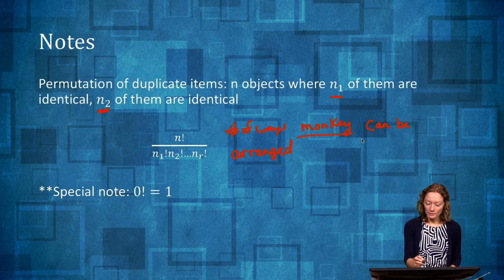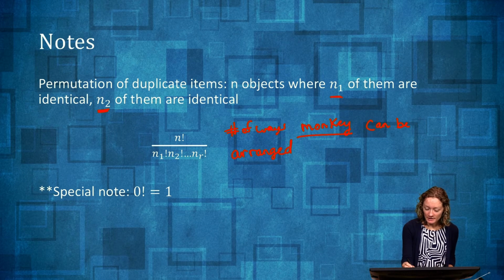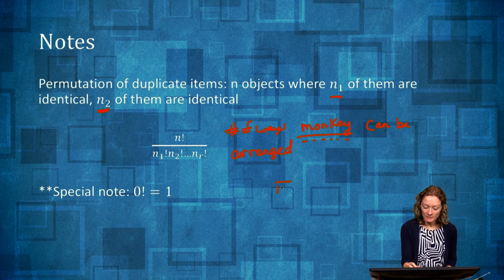All right, so if we have an example with the word monkey, how many ways can the word monkey be arranged? We have 6 different letters, and in this case, they're all different. So if they are all different, then you can use counting principle. How many different ways to place the first letter, the second, the third, the fourth, the fifth, and the 6th letter.